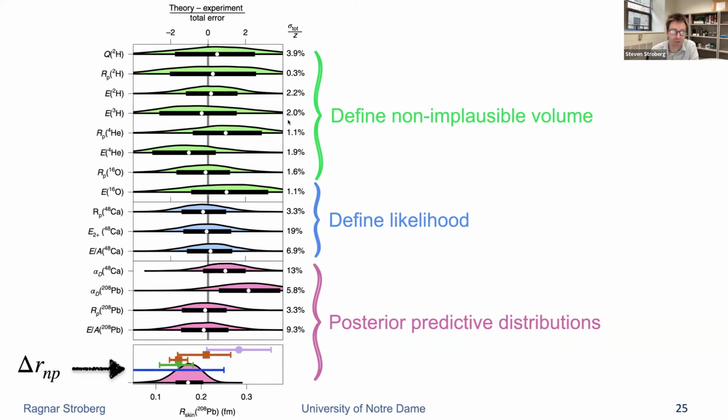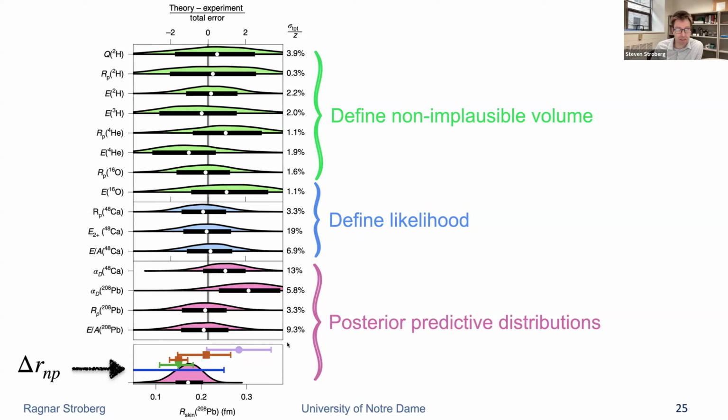The top few here are used to define this non-implausible volume of space. Then we have a couple other observables here, which we use to define a likelihood, which enters into Bayes' theorem. These are the ones we think are going to be informative of quantities that we want to predict.